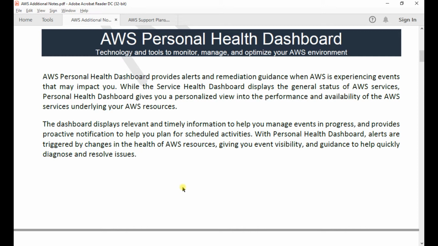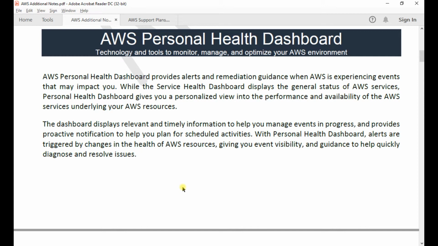So here you can see that the important elements are, for all the AWS services, Personal Health Dashboard gives you a personalized view into the performance. This is not free, remember. It is like something telling you proactively after verifying all the things, monitoring, and also giving an instruction set, like you should have this kind of diet.